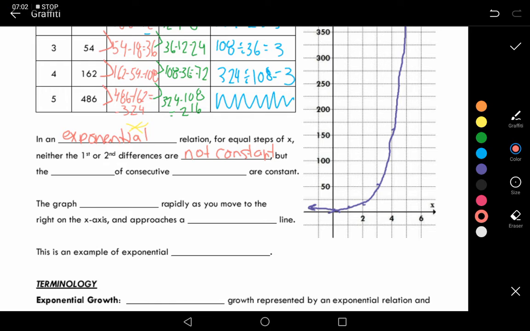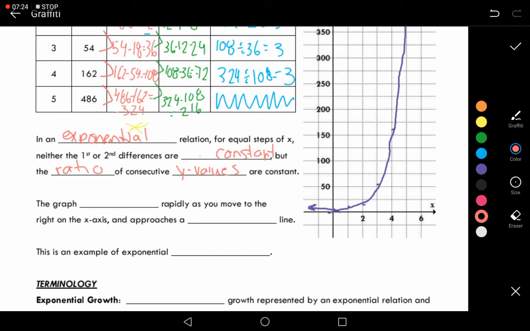But the ratio, oh, sorry guys, it says neither. I'm just reading wrong. Neither the first or second differences are constant, but the ratio of consecutive y values is constant.